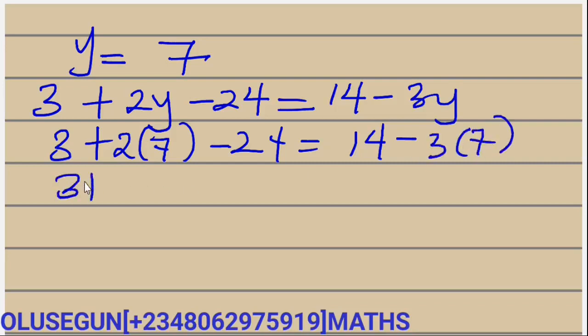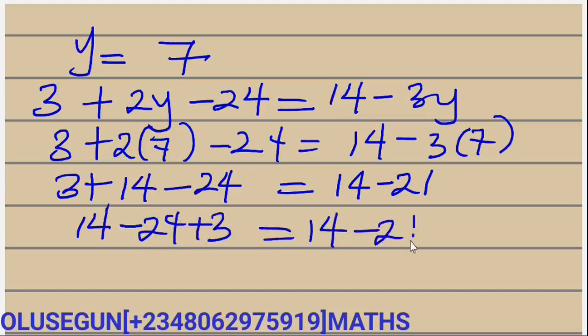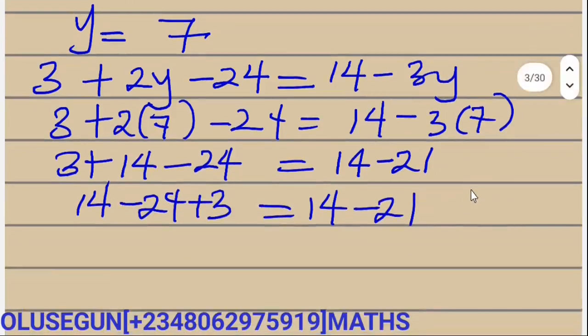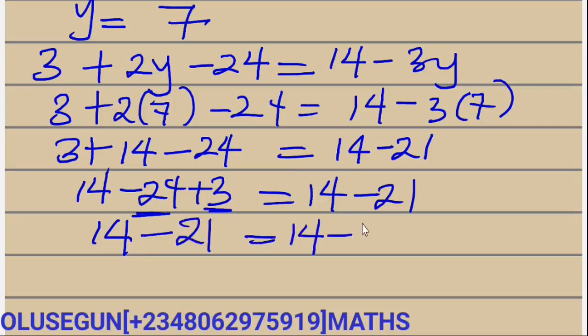So we have 3 plus 14 minus 24 is equal to 14 minus 21. Adding these, you see that it is 14 minus 21 is equal to 14 minus 21. So this shows us that the value of y is correct in this equation.